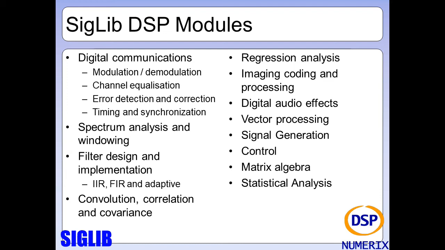There are functions for convolution, correlation and covariance, regression analysis, image coding and processing, digital audio effects, vector processing, signal generation, control algorithms, matrix algebra, and many statistical analysis functions.